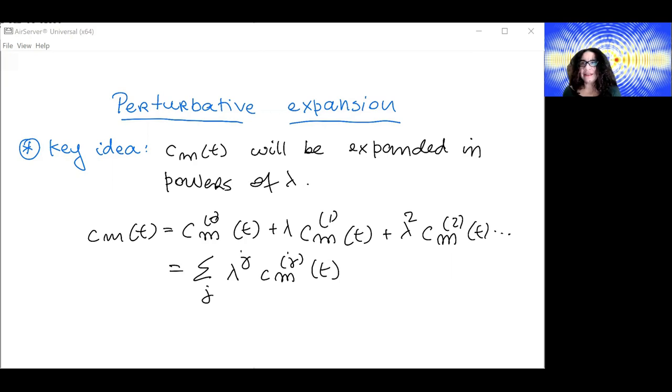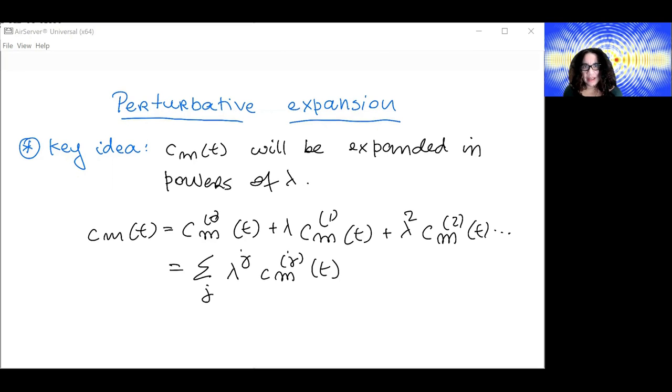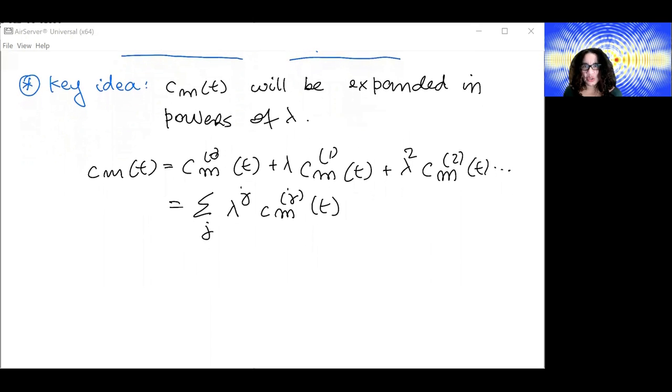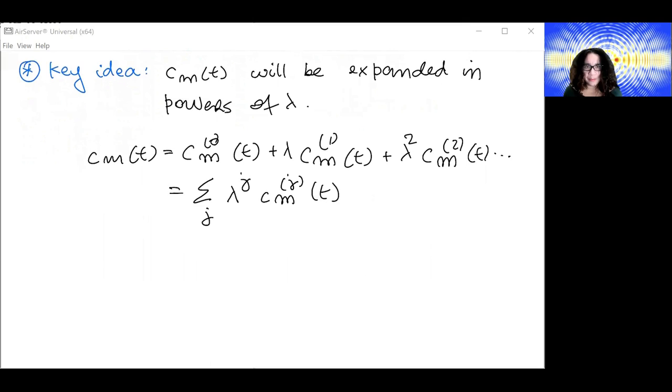And don't forget that these coefficients are key for the time dependence. So we're going to insert these in the time dependent Schrodinger equation once more.